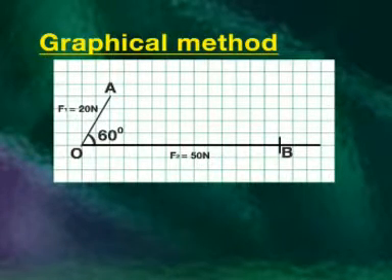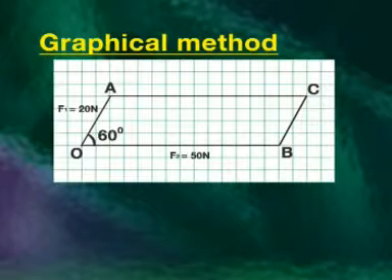Therefore, with OA and OB as adjacent sides, we obtain a parallelogram. This means A, O, B are three vertices of a parallelogram. We thus obtain a fourth point C, such that OA is parallel to BC and AC is parallel to OB.